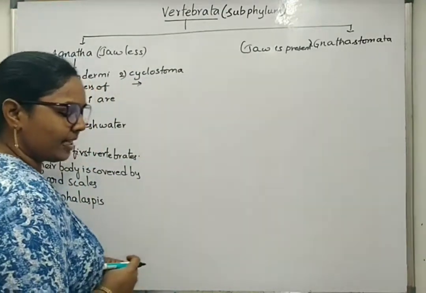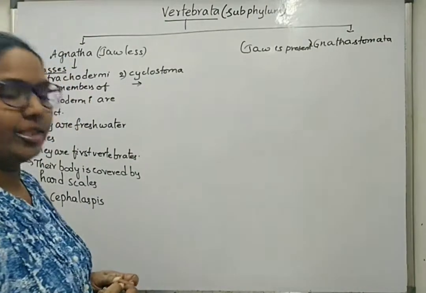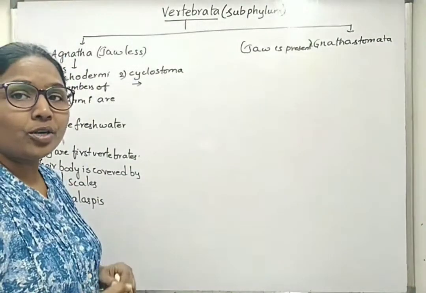The members of class Cyclostomata include jawless fishes. These are also termed false fishes.